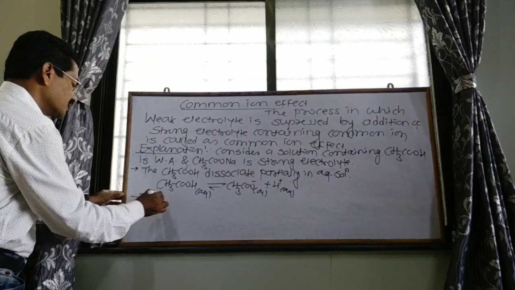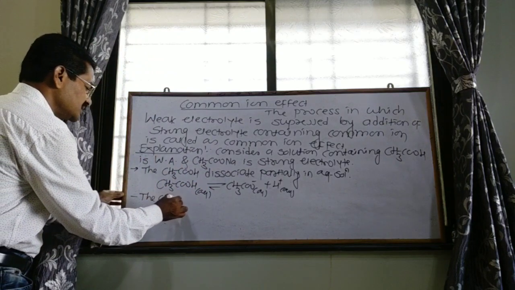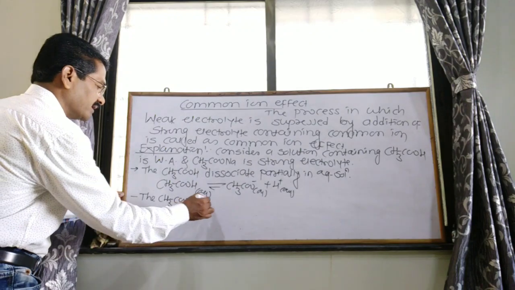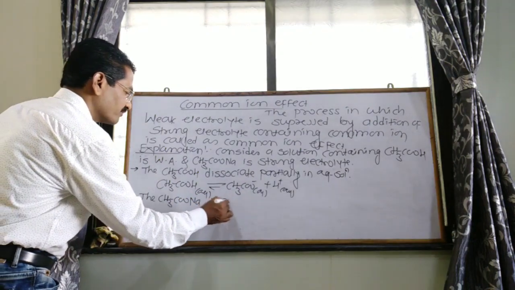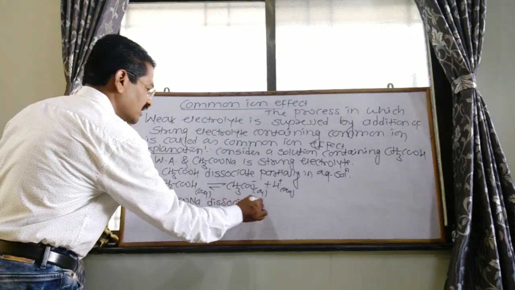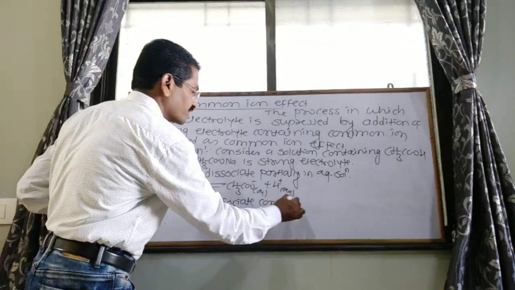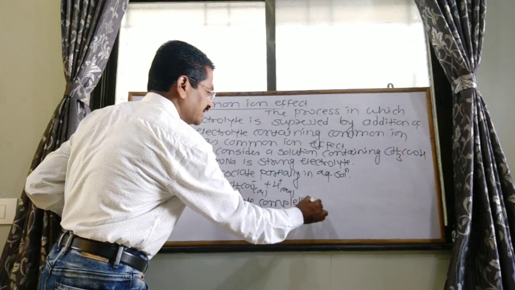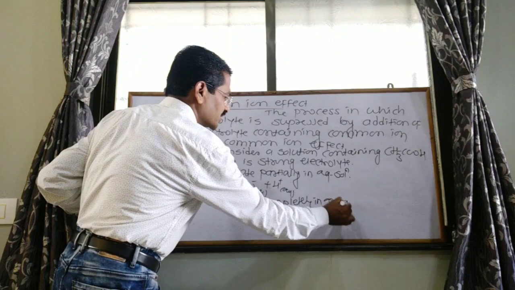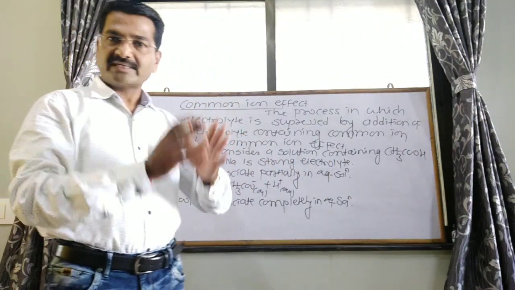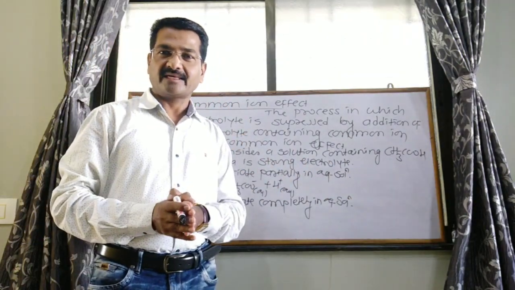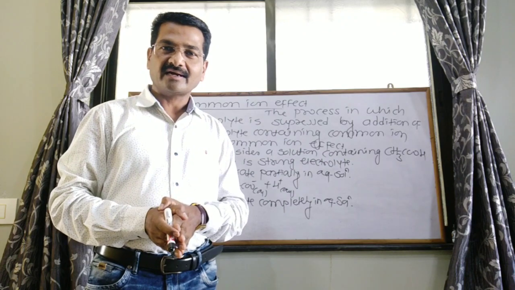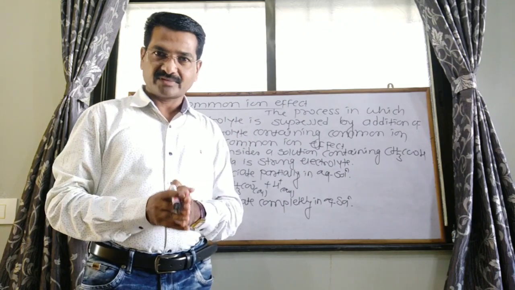The sodium acetate, CH3COONa, is a strong electrolyte and dissociates completely in aqueous solution. Sodium acetate is a salt formed from acetic acid and sodium hydroxide, a strong base.